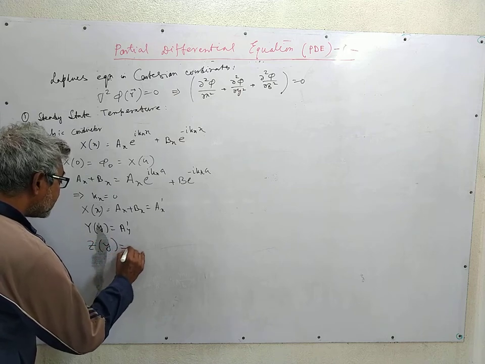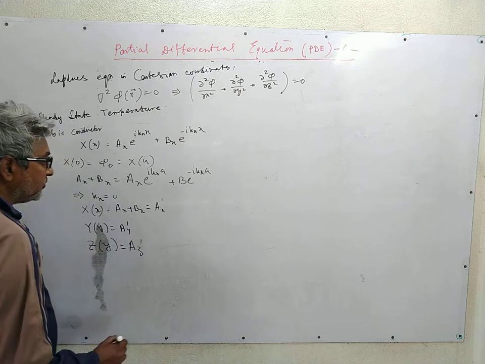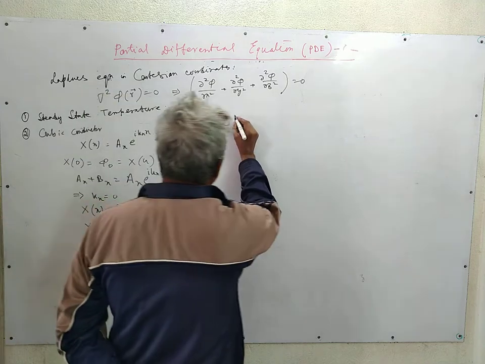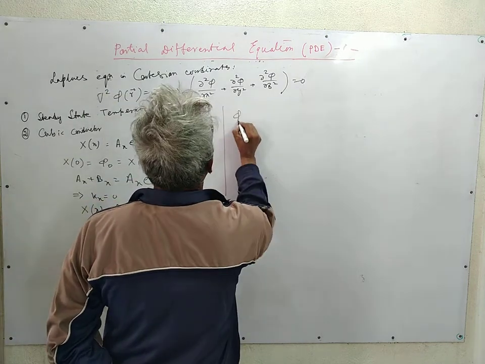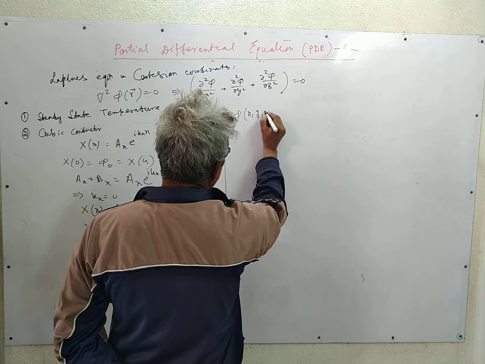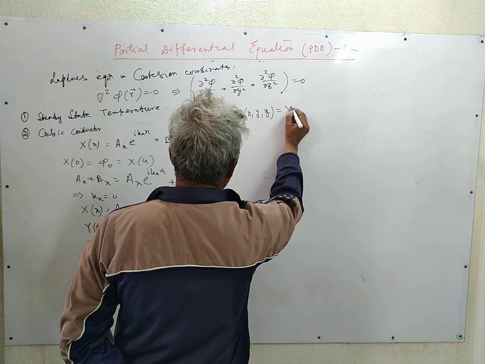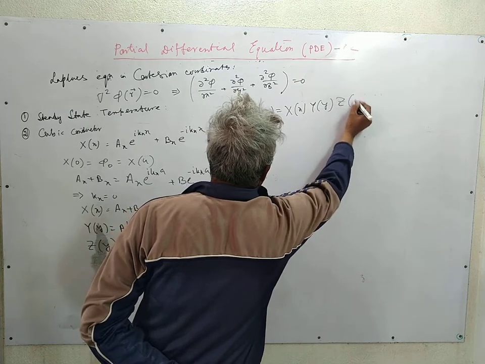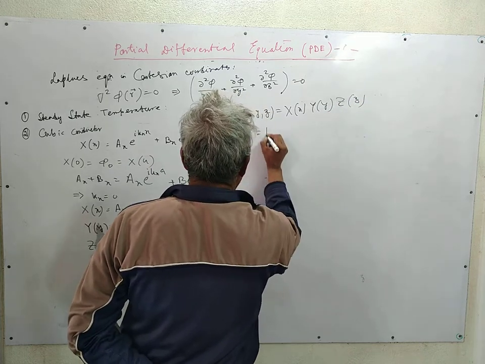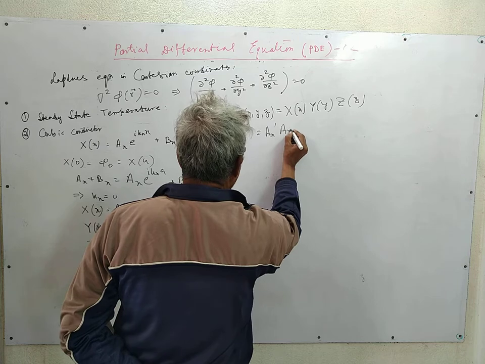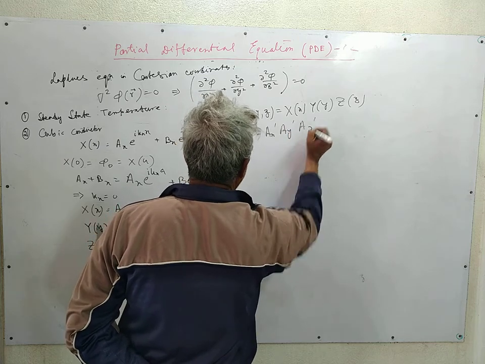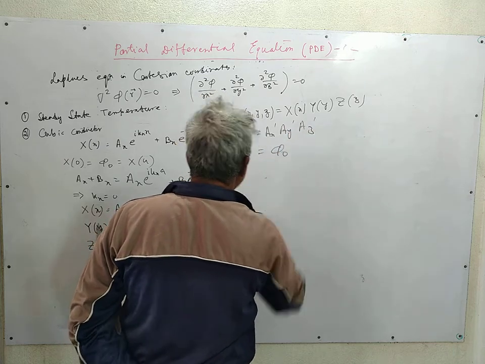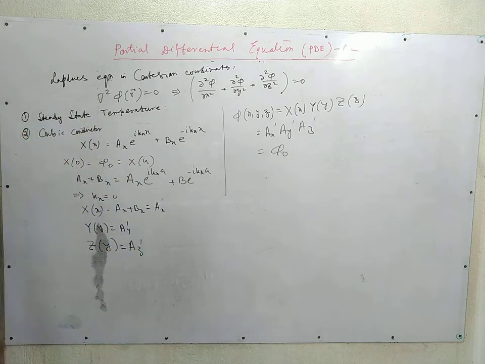So Z of z is equal to az prime. So we conclude that the solution for phi x y z is X of x, Y of y into Z of z. This is ax prime, ay prime, az prime, which is the constant potential of the conductor.